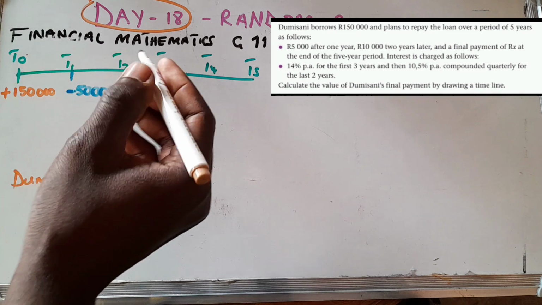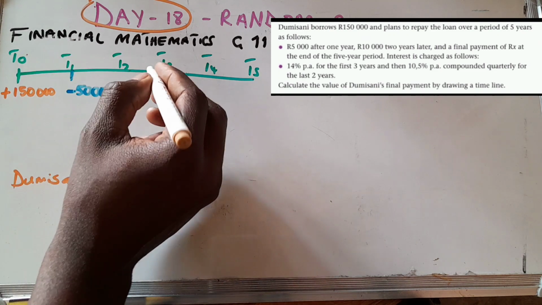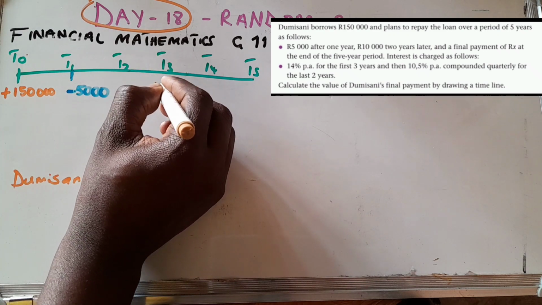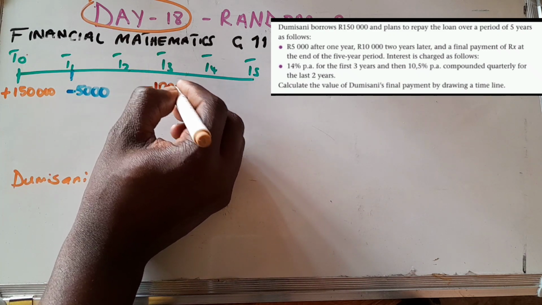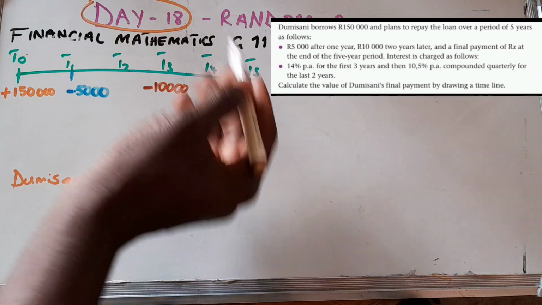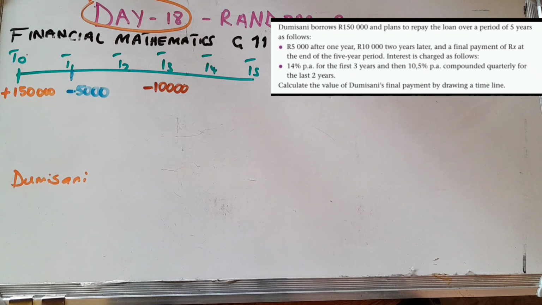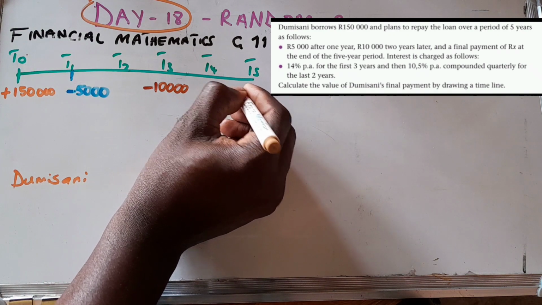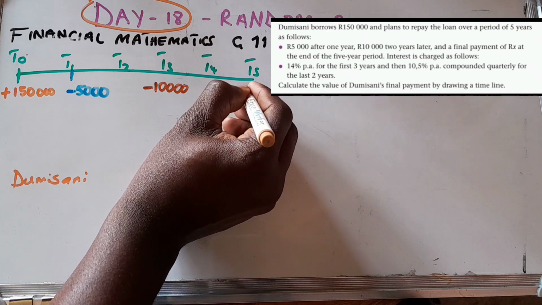This amount is also not going to Dumisani but to the bank, so to Dumisani it is a subtract: minus 10,000. And then lastly at T5, he also paid R X. This is also not going to Dumisani but to the bank, so we also subtract R X.